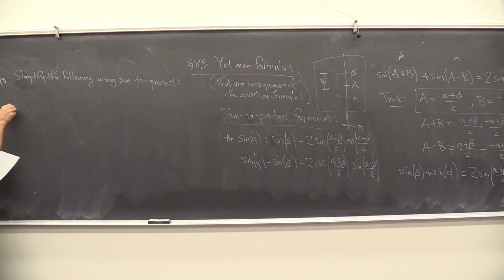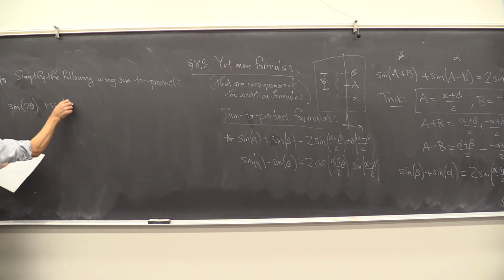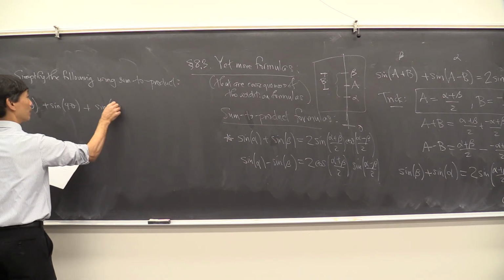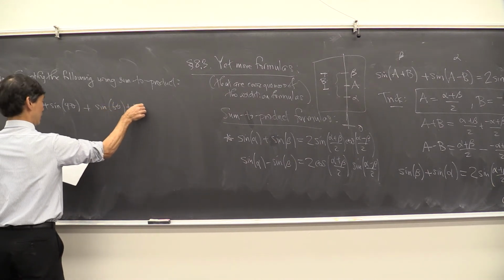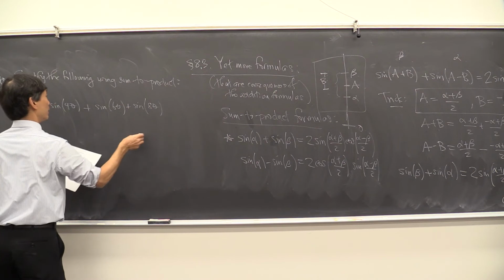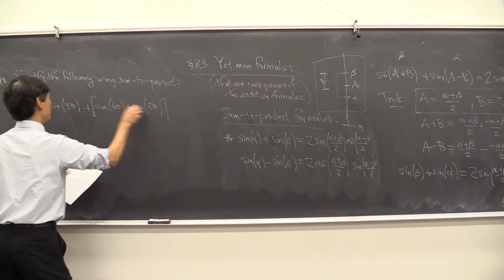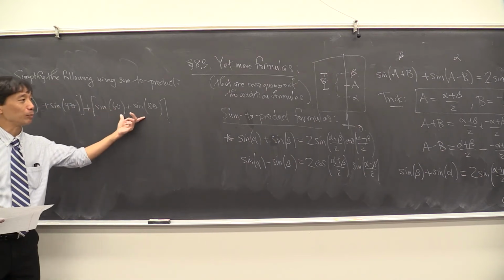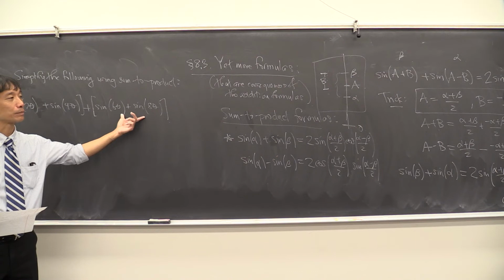Okay, so here it is: sine of 2 theta plus sine of 4 theta plus sine of 6 theta plus sine of 8 theta. The suggestion is that you simplify it by adding these two terms and by adding these two terms.